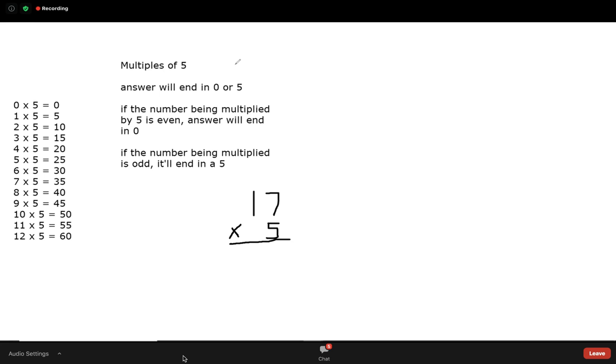Okay. Everyone remember to check whether 17 is odd or even, and then follow whichever one of these rules applies, depending on which one it is. That way you know what number it will end in.